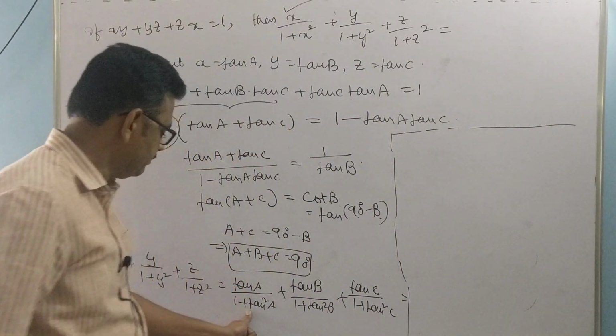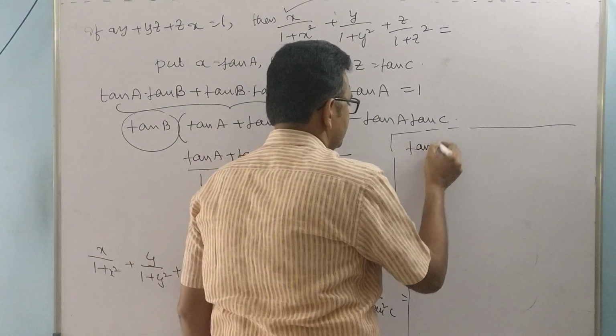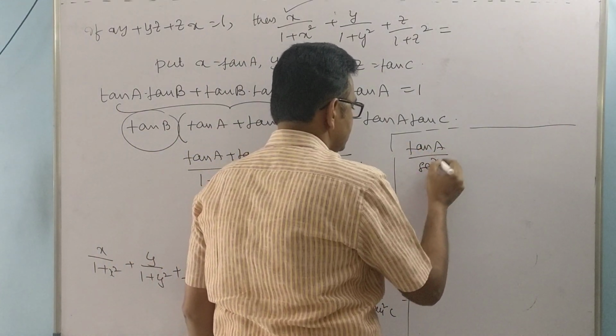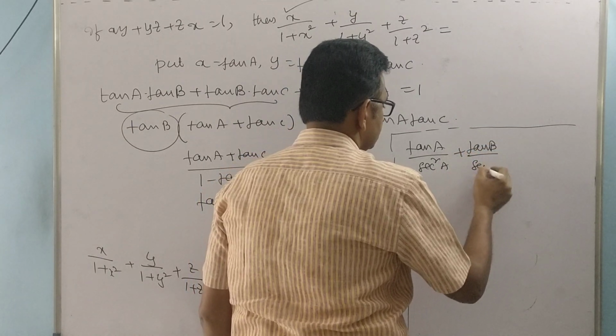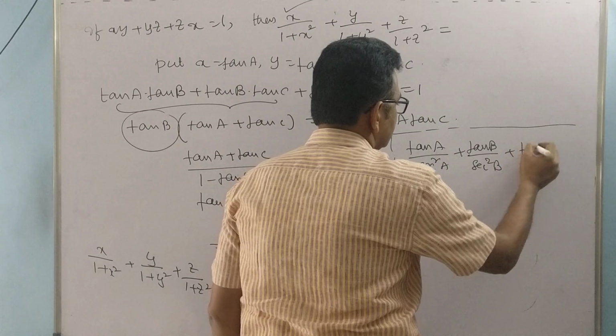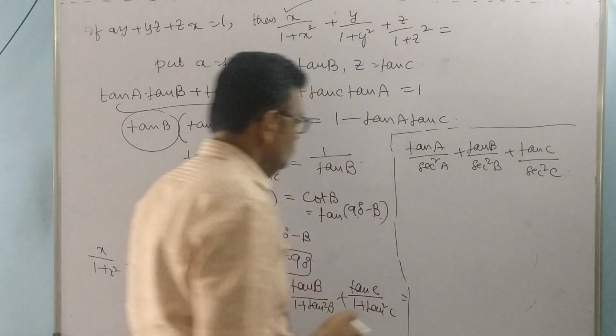Tan A by 1 plus tan square A is secant square A. Tan A by secant square A plus tan B by secant square B plus tan C by secant square C.